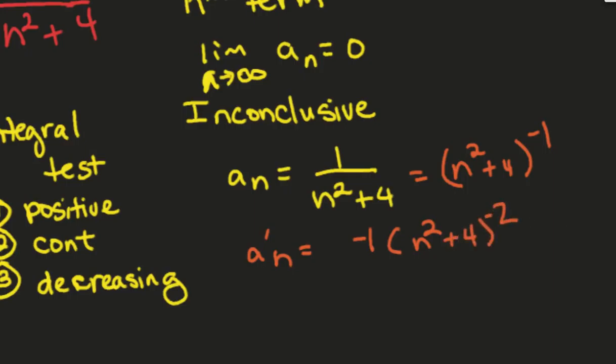Am I done? What's left for the chain rule? No, you got to take the inside. Good. Derivative of the inside is going to be 2n. Good job. So then this negative exponent comes back down, becomes positive, and then we have -2n over (n squared plus 4) squared.